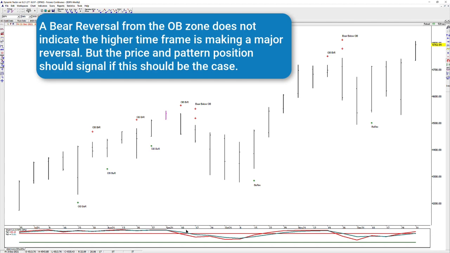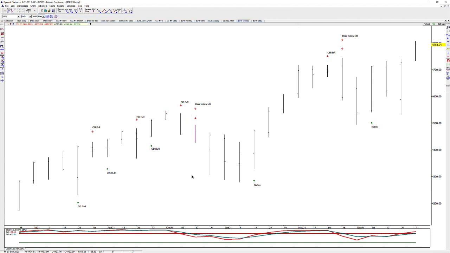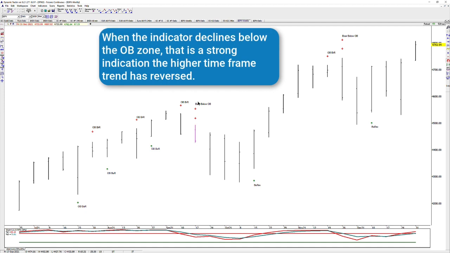And definitely, once the indicator leaves the overbought zone, that's why I have a little double red arrow here, the bear below the overbought zone. So the bearish reversal was made in a prior bar, and then it continued lower, unlike all of these other times that made a bear reversal and exited the overbought zone.